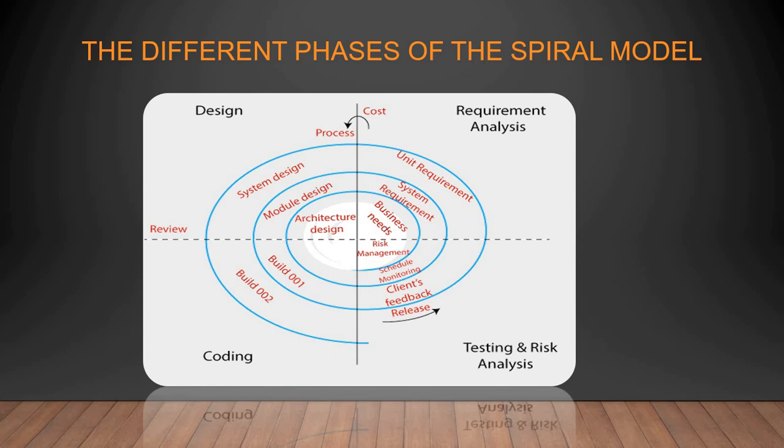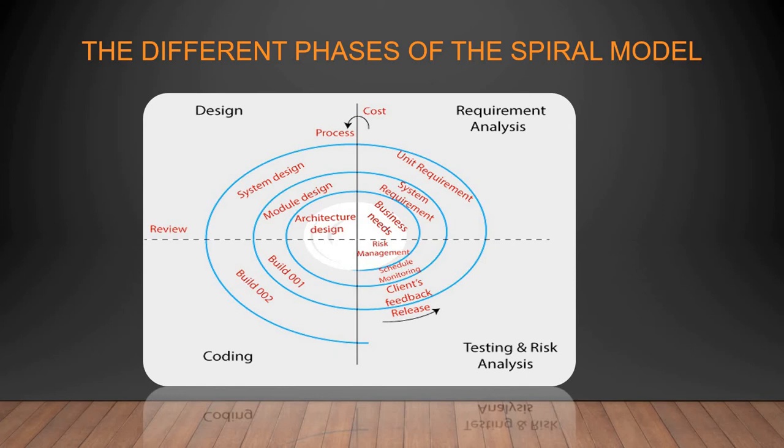With the help of diagram, you can see the stages of spiral model. First one is requirement analysis, second one is design, third one is coding, fourth one is testing and risk analysis. So we'll see about these stages one by one. First one is requirement analysis. The spiral model process starts with collecting business needs.